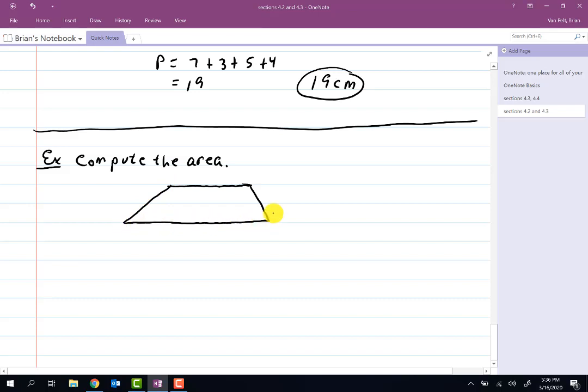This time I give you the big base, 8 meters, the little base is 6 meters, and the height is 4 meters. So the area is 1/2 times 4 times the little b plus the big B. And that equals 1/2 times 4 over 1, you might find that beneficial, and then the 6 plus 8 is 14 over 1.